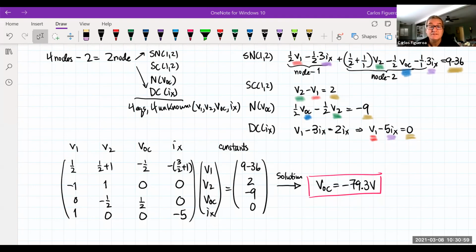So the big difference here now is that I got to do what? I need to come in and replace this with a short to go get I short circuit. So let me go and do this.